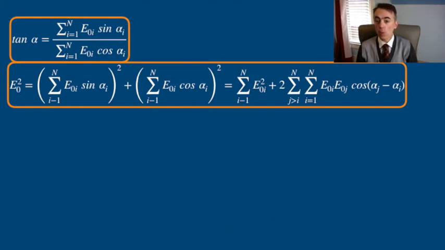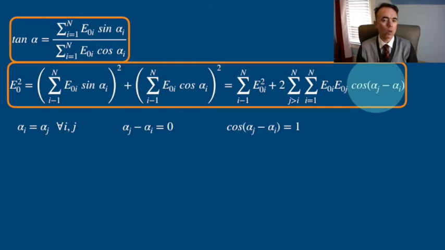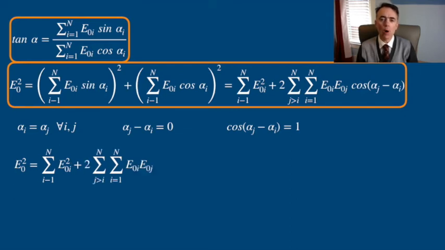Well, in this case, all alphas are equal, so the differences alpha j minus alpha i are 0, then the cosines are all 1. All those terms add up together, and the resulting wave has a magnitude squared of the sum of E0i squared plus 2 times the sums of E0i times E0j.